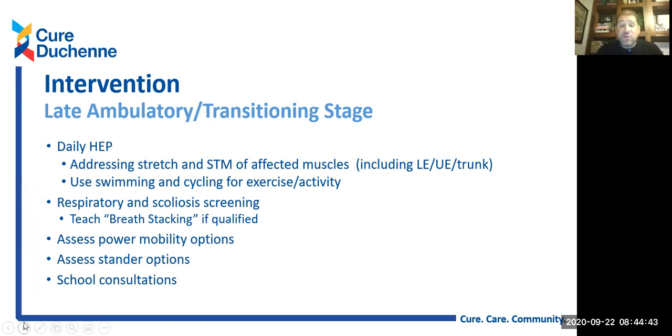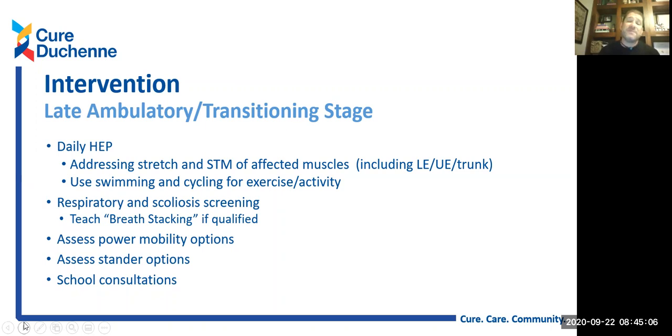Again, if we haven't already, then we want to look at some sort of power mobility if that's available to them, whether it's a scooter or power chair, and also look at standing options. Here in the United States, we have a lot of access to standers, which is a piece of equipment that allows the kids to stand.